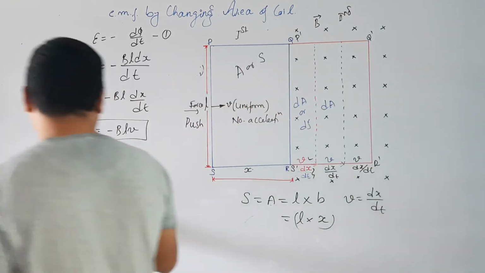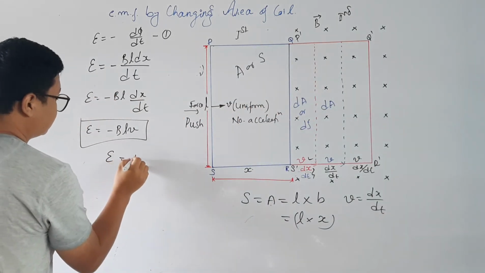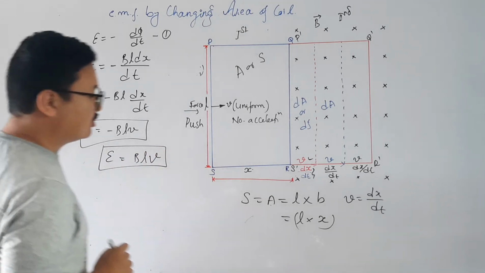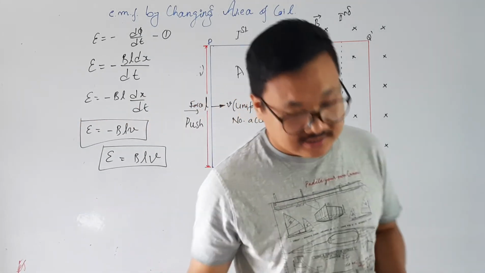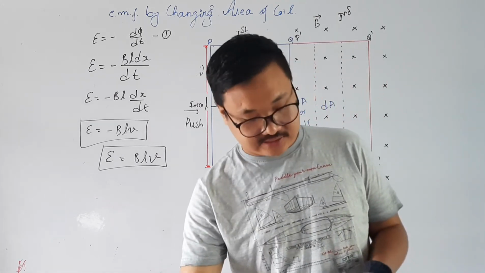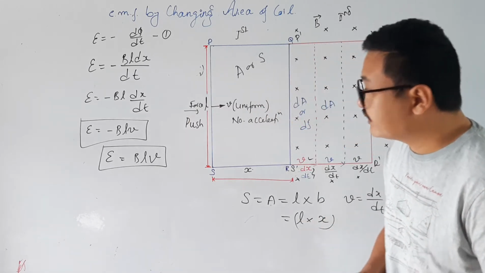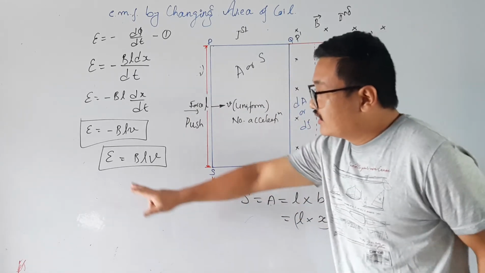Sometimes we can also write E is equal to BLV, no problem. I have not written the negative sign because this negative sign has come only from Lenz's law.